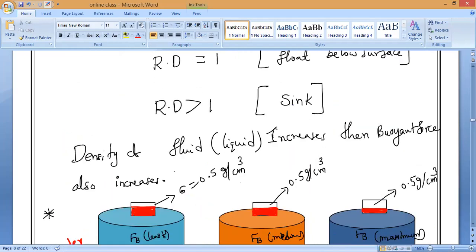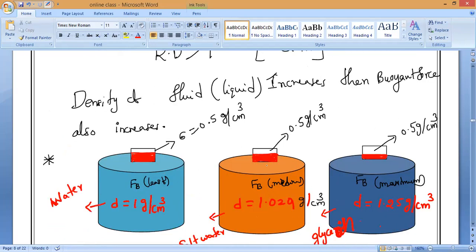That is what I said. So as the density of the fluid increases, the buoyancy force also increases. So the same object is more immersed in one liquid, less immersed in another, and least immersed in the third. That is what you have to remember.